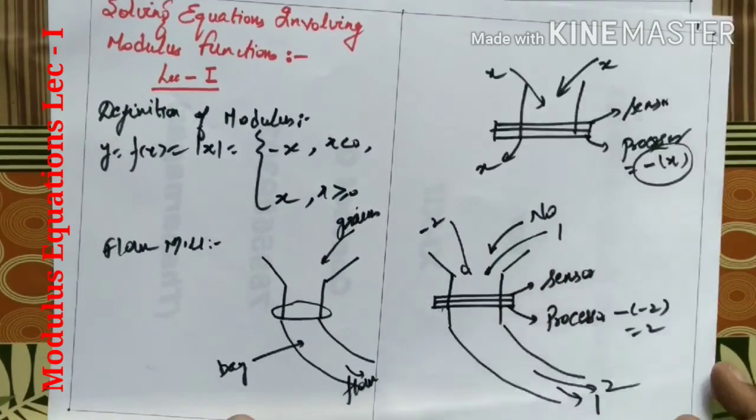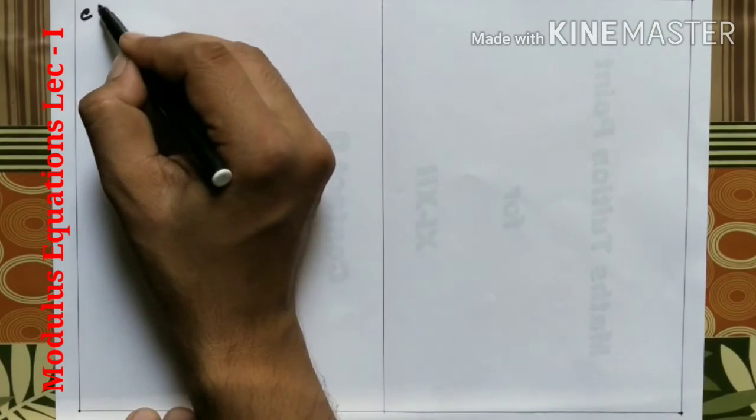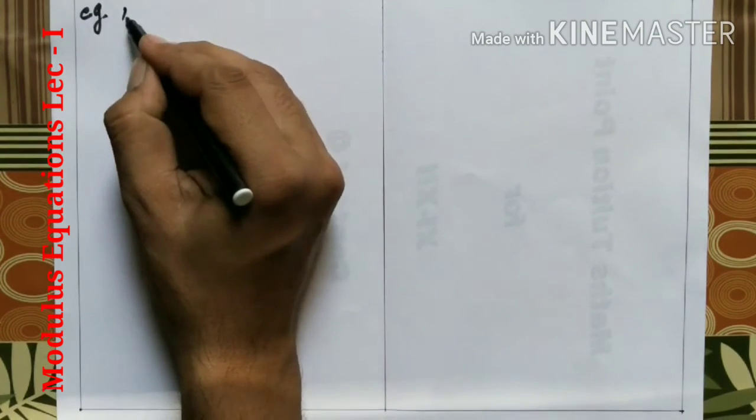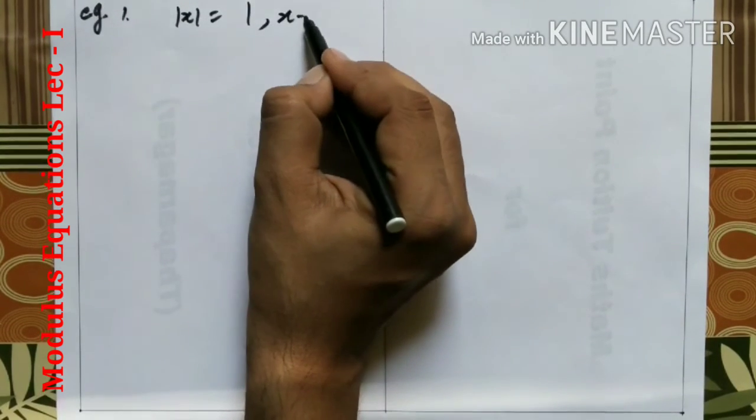Let us see with the help of an example. Suppose modulus of x is equal to 1, then you have to find the value of x.